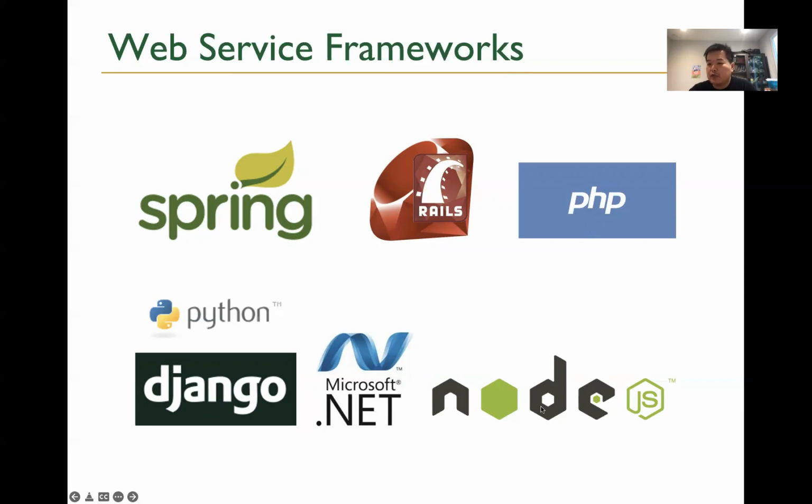Node.js, the language JavaScript, has a lot of frameworks. One famous one is called Express, which also deals with web services. Microsoft uses C# right now, and their web service framework is called .NET. Python has different choices. Python Django is one popular option.